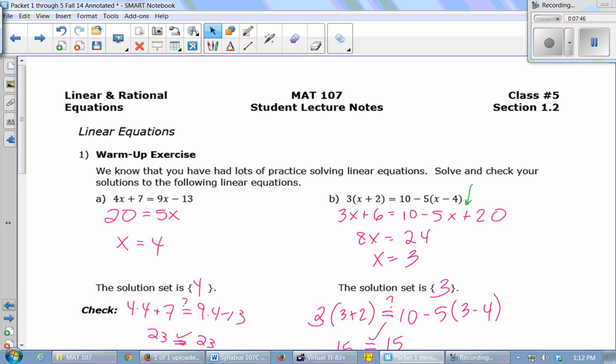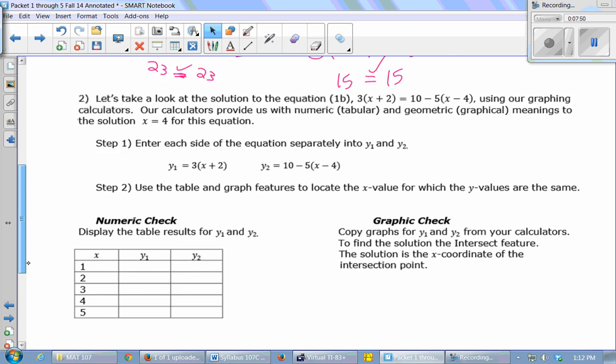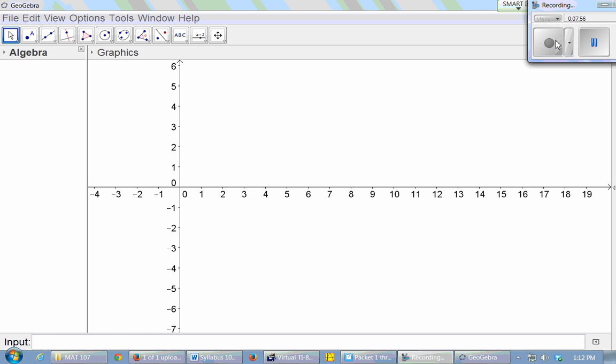So before we move on to the equations with fractions, let me just briefly show you how to do this same kind of thing in GeoGebra. Okay, so here's GeoGebra. I'm basically going to follow the exact same procedure I did in my graphing calculator. The steps of how you make it graph lines is a little bit different, but I'm going to graph the two lines and find the intersection point.